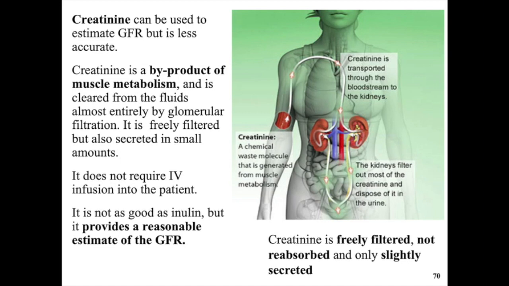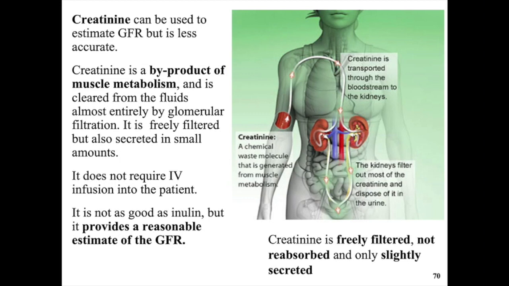The creatinine comes from muscle metabolism as well, so that means that we need to consider to a certain extent the muscle mass of an individual. It does not require an IV, and therefore is a reasonable estimate of the GFR, the glomerular filtration rate.